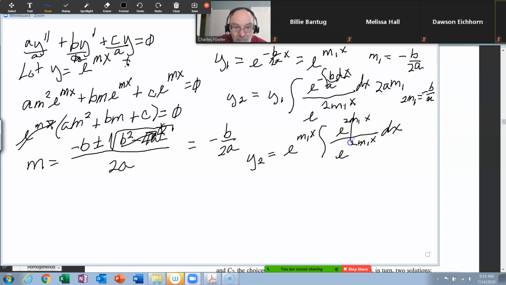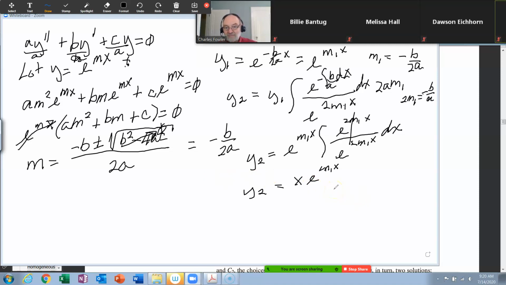And of course this is 1. So what do we get y2 to be? This is the whole reason for doing this. The integral of dx is just x, so it's x e to the m1x. Remember we only had one m1? Here are our two solutions. y1 was e to the m1x, and y2 is x e to the m1x.